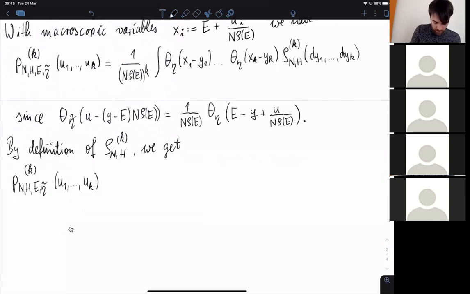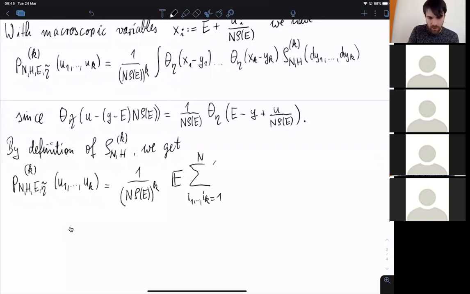So this is the same as, well, the scaling factor stays the same, and then I get an expectation. Now I get this sum over distinct indices, and then I have to evaluate the function in place of eigenvalues. So theta eta (xk minus lambda I1), in this form: x1 minus lambda i1, and then xk minus lambda ik.